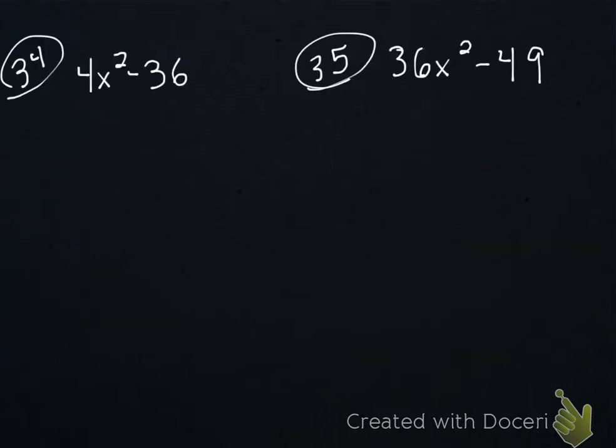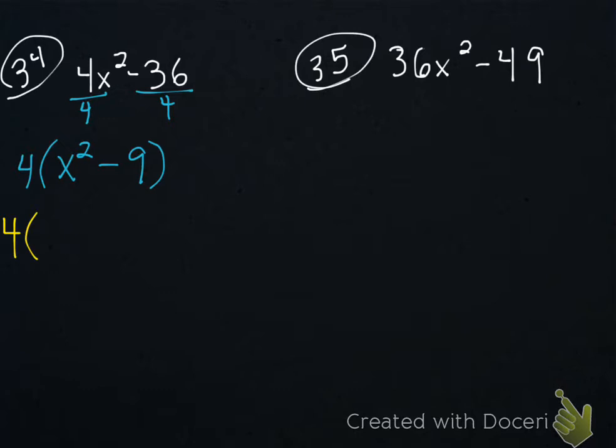Number 34. I see perfect squares, but I also see a GCF. So let's pull out the GCF first. I can divide the 4 by 4 and the 36 by 4. When I divide the 4 out, it's the GCF, so it has to stay in front. I'm left with x squared, and 36 divided by 4 is 9. So it's x squared minus 9. Now x squared minus 9, these are perfect squares, so I can then factor it.